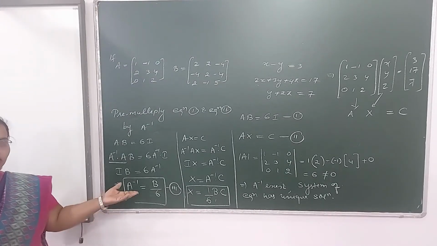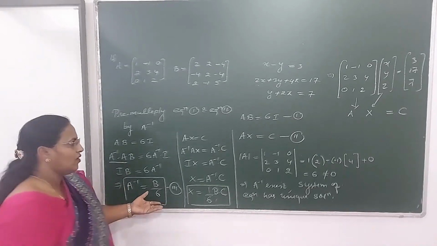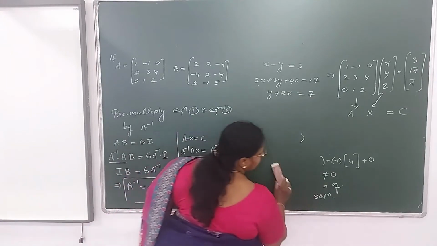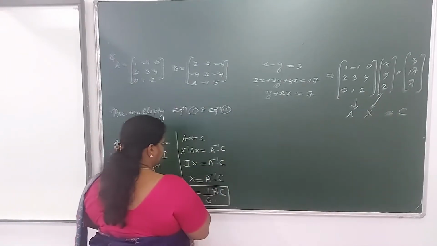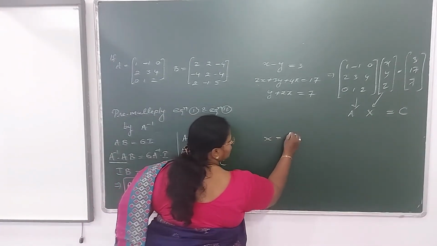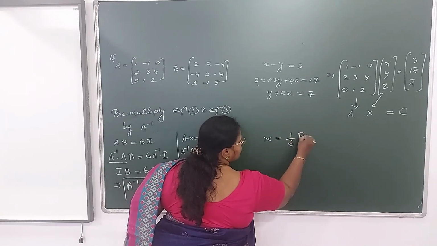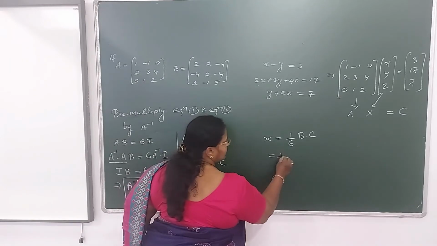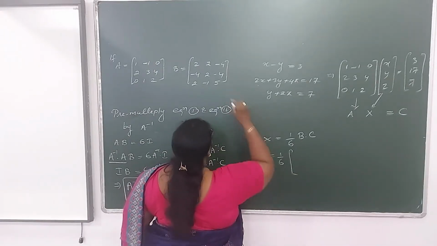So now we have almost reached the last part. Now what to do? We'll be substituting the value of B and C here. So X is equal to 1 by 6 times B into C. Substitute the value. So it's 1 by 6 times, what is the B matrix? It is already known.